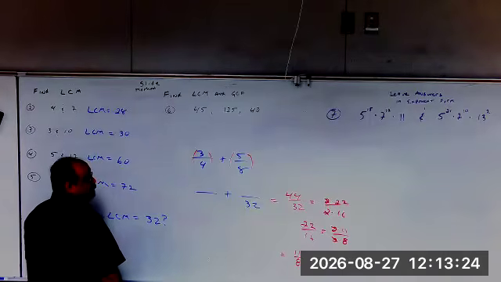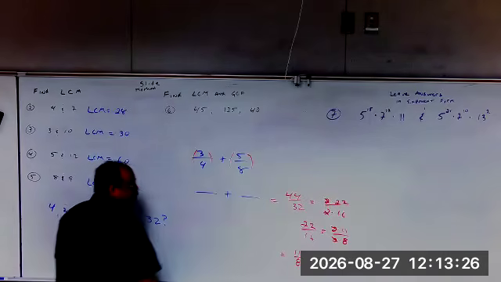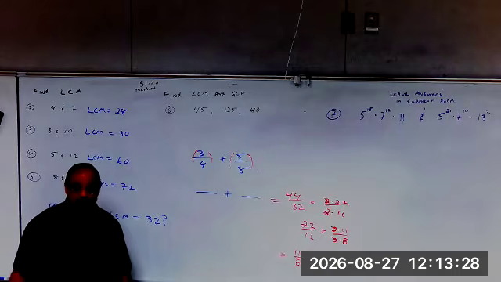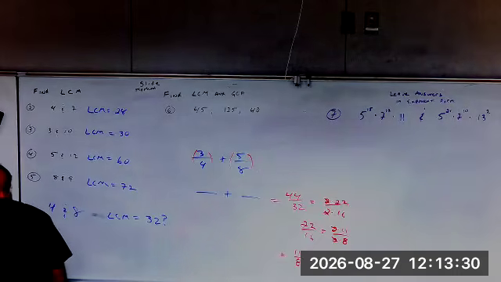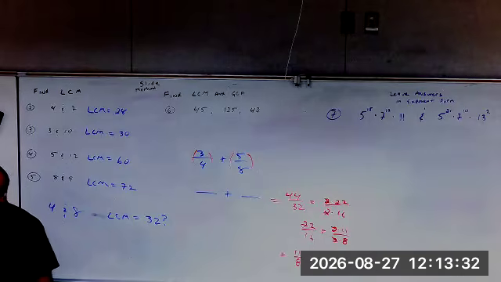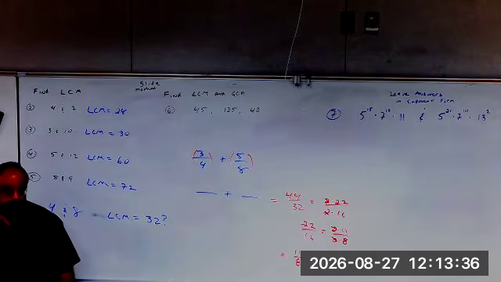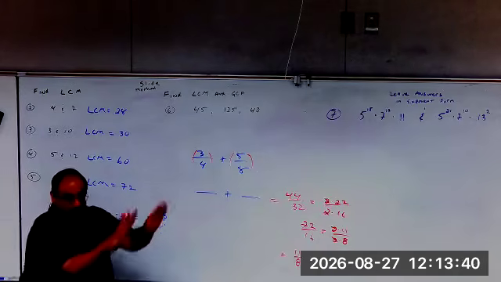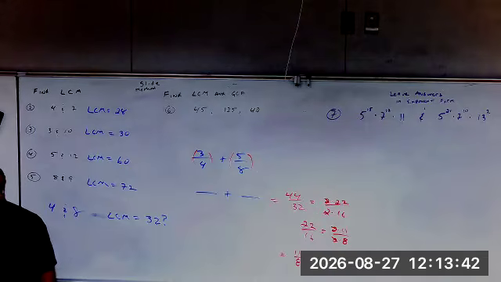What is the least common multiple? What's the smallest number that both go into evenly? 4 goes into 4, 4 goes into 16, 8 goes into 8, 8 goes into 16.